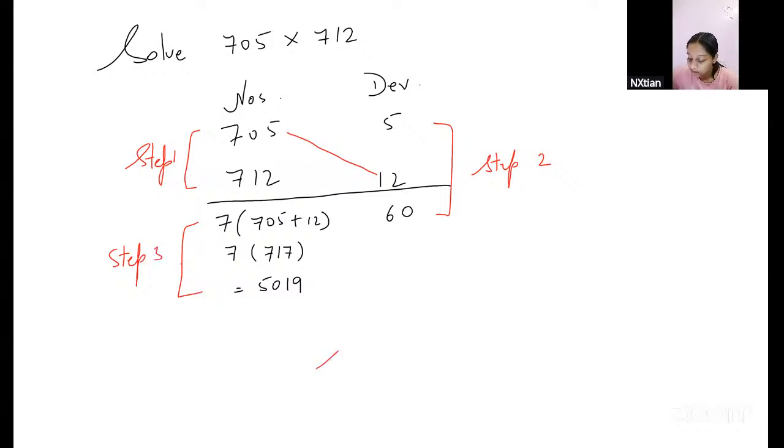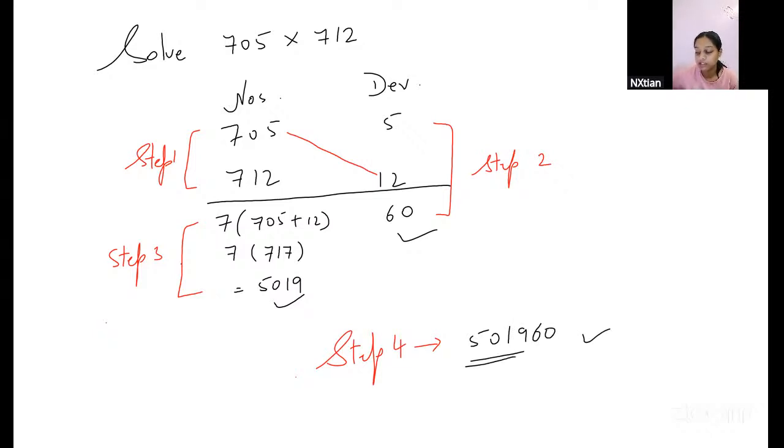Step 4, we put the right side and the left side of the answer together: first the left part, and then the right part. So 501960 is the answer. Hope it is clear to you all. All of you are getting the answer.